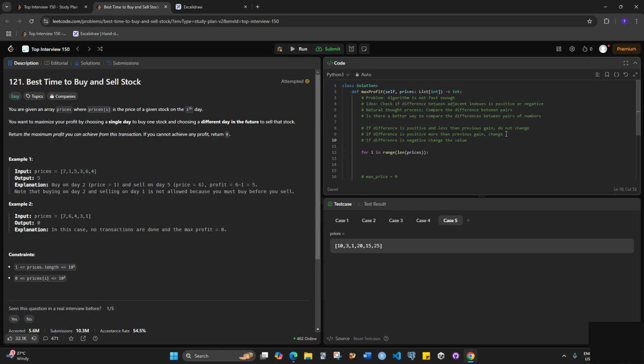But from 1 to 20, it's a positive +19 gain. So you change the value to 1, and then you record the previous gain. And then from 20 to 5, it's -5, but -5 is less than +19, so you stay there. Maybe something like that would work. Maybe onto something, perhaps. Hold up.